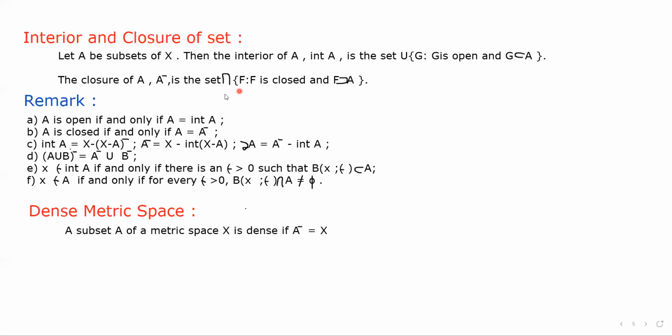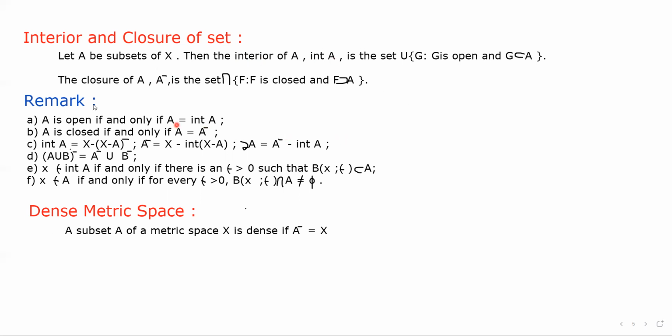The closure of A is the intersection of all F which are closed and A is a subset of F, which means F is a superset of A. And we denote the closure of A as A dash and the interior of A as int A.